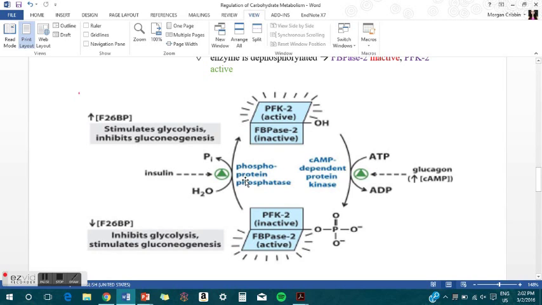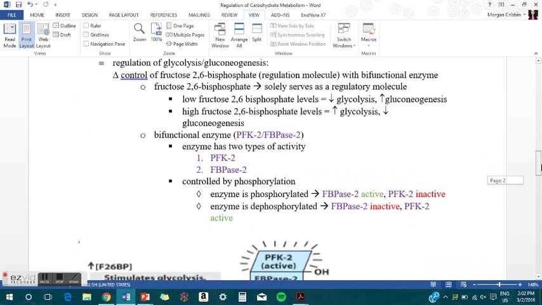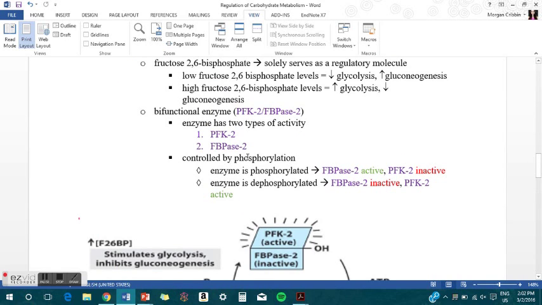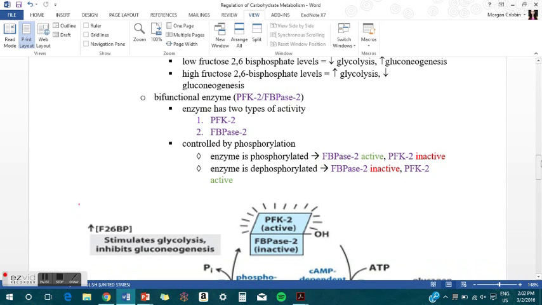So kinases are responsible for phosphorylating things, and then the other part of the molecule, the FBPase2, is a protein phosphatase, which is responsible for dephosphorylating things. So this is going to be fructose 1,6-bisphosphatase 2.